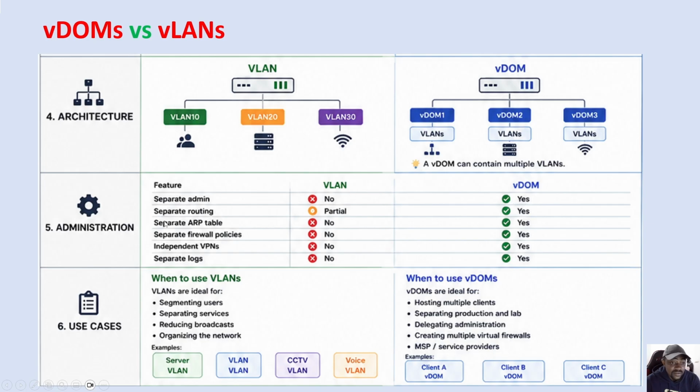Separated routing tables, separated firewall policies, separated or independent VPN users, and separated or independent logs: you will have these separated for each vDOM. So each vDOM is going to have this administrative information independently. While on VLANs, it will not be the case. Most of the time, all this information will depend on the physical FortiGate device or on the vDOM, because you can also create VLANs on vDOMs.